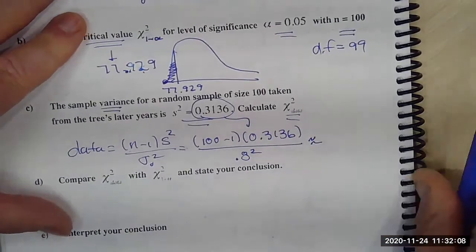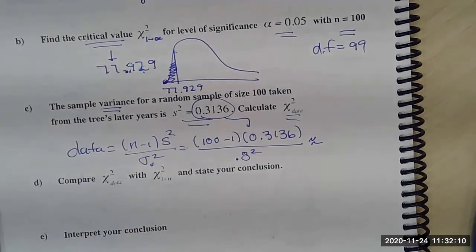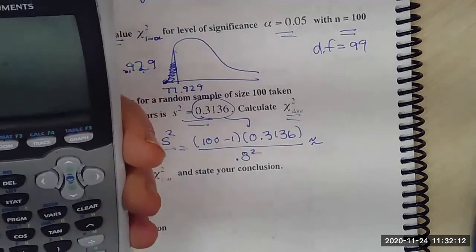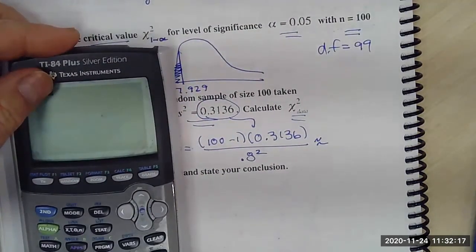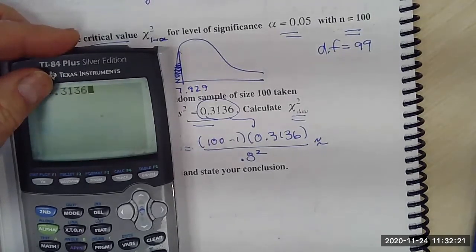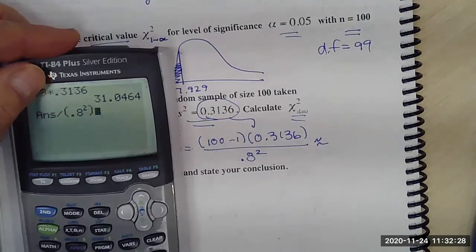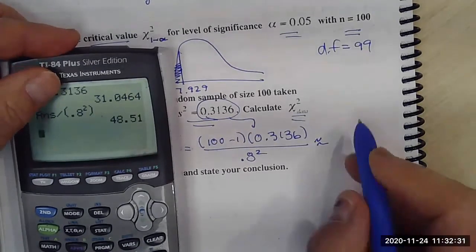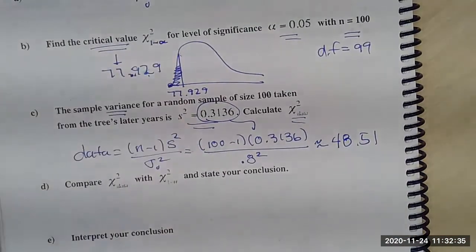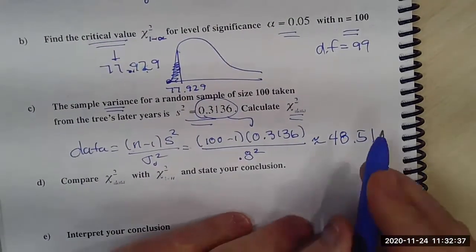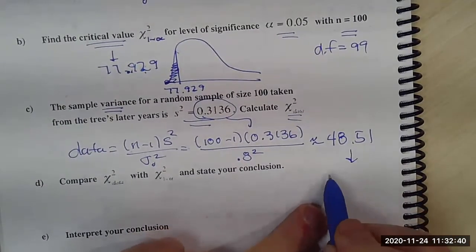Now, knowing that, I have to do this by hand. If I haven't made a careless mistake, that's your data value, which again is a left tail.